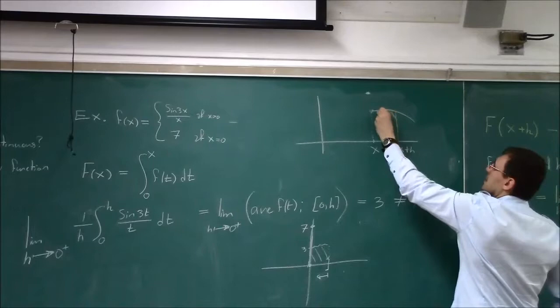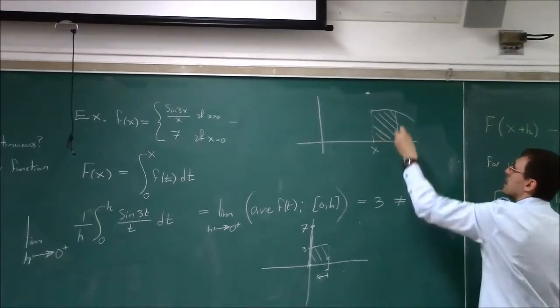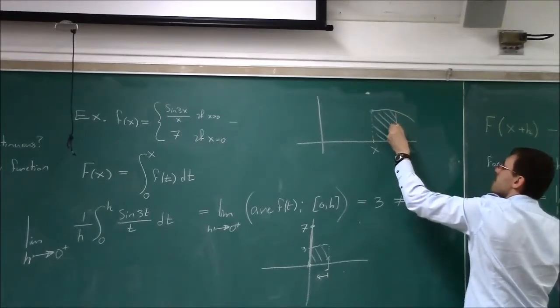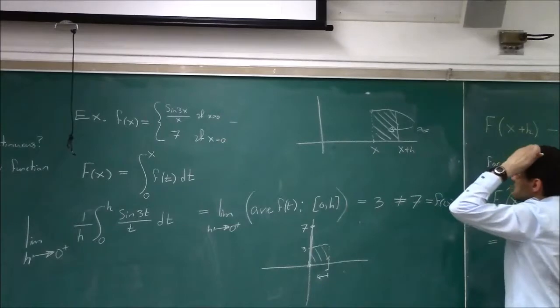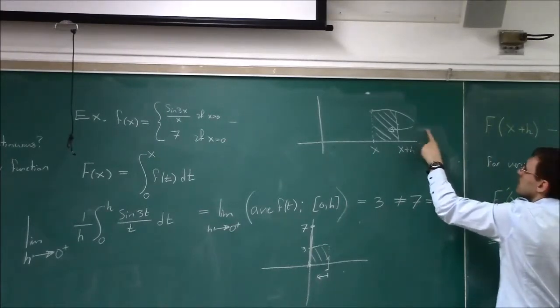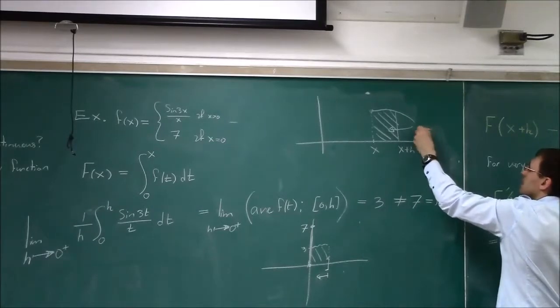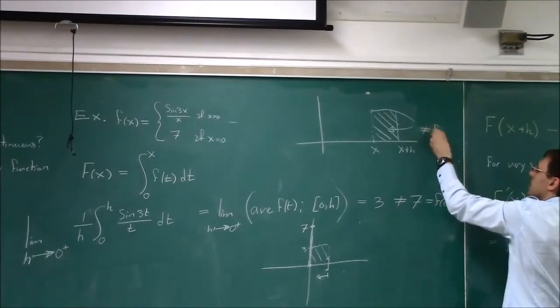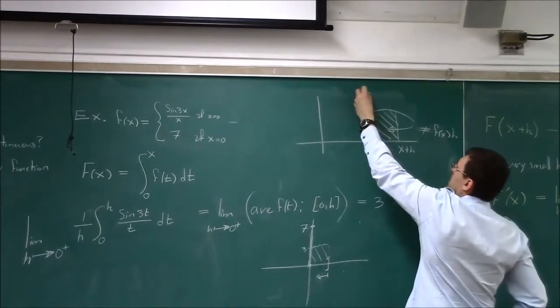So what you have is this area, which is not close to f of x times h, because this is f of x times h.